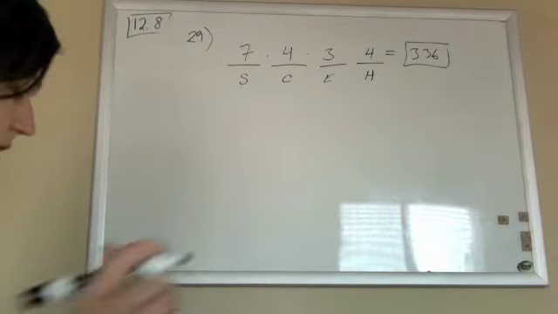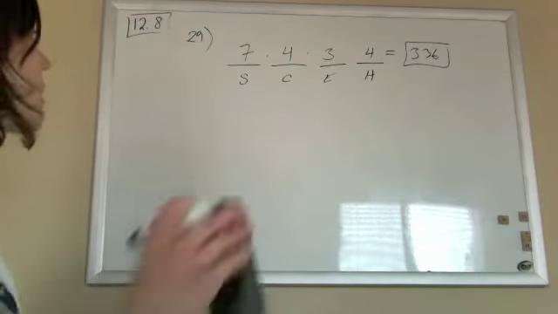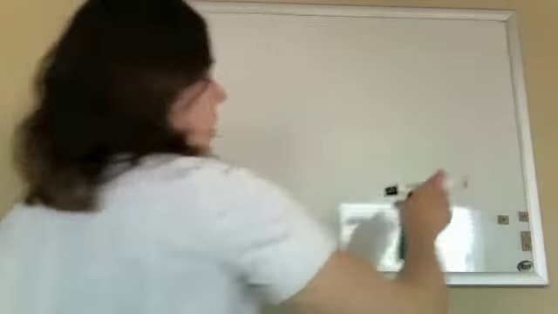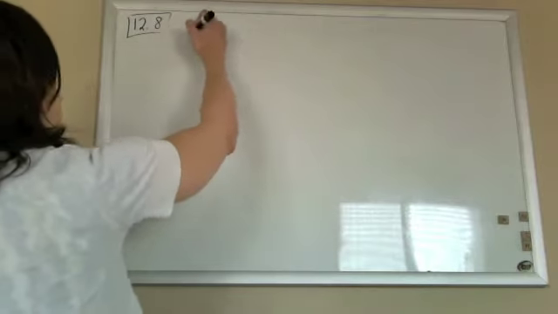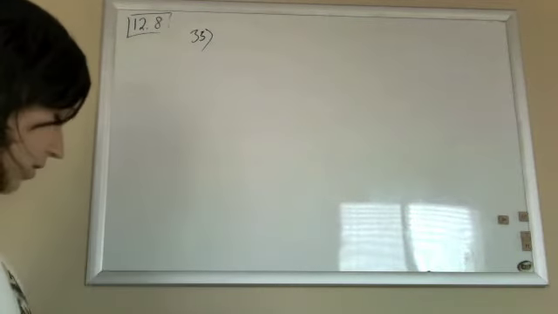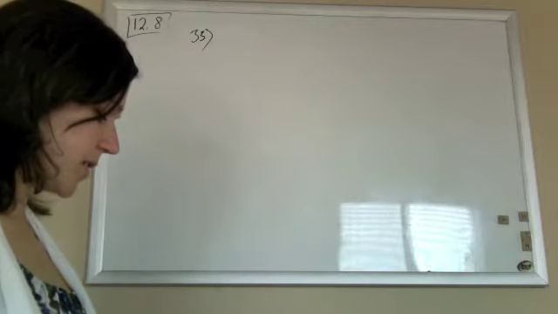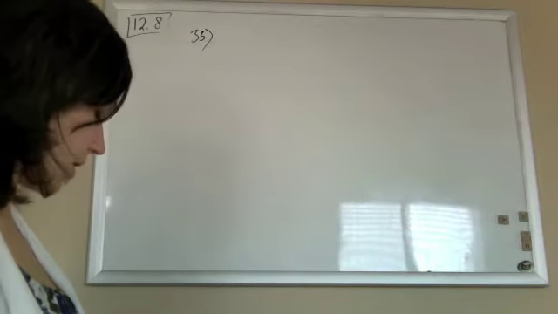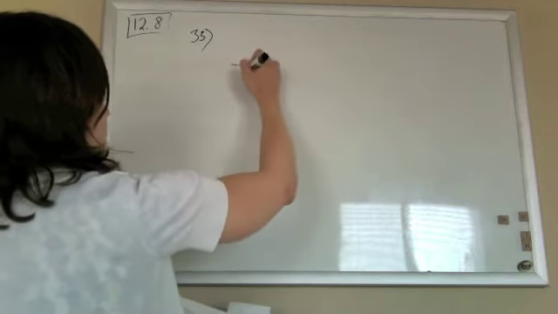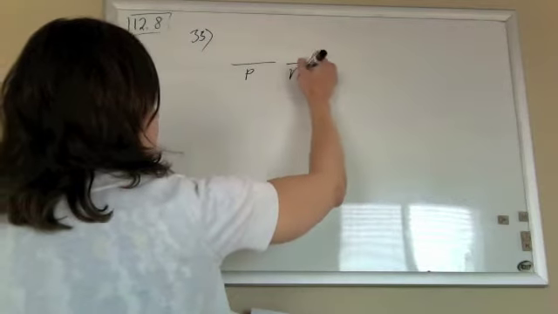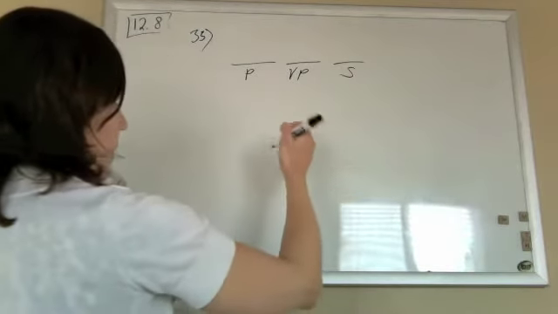So, moving on to 33. If a club consists of 10 members, how many different arrangements of president, vice president, and secretary are possible? So you want to choose a president, a vice president, and a secretary.